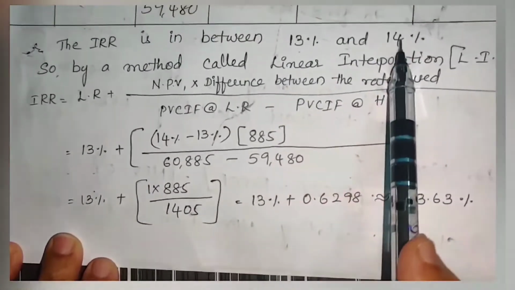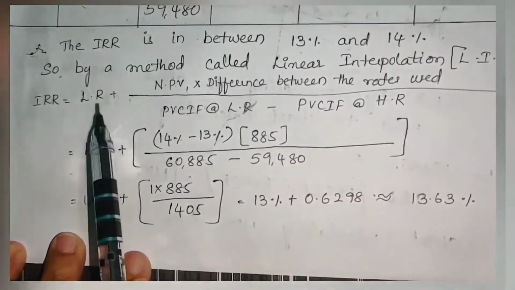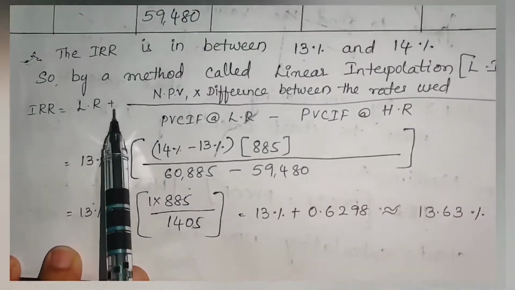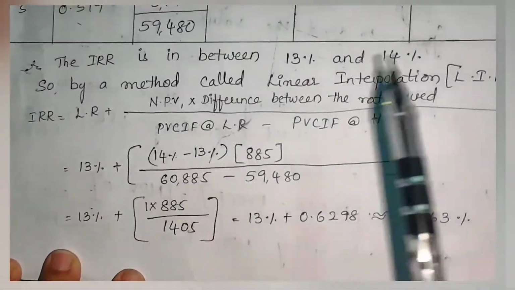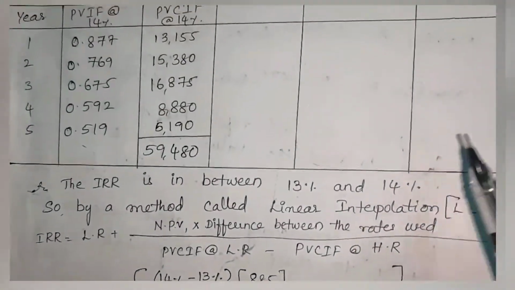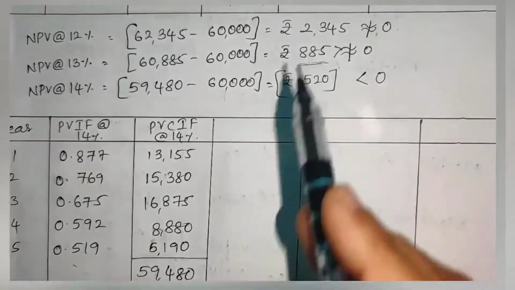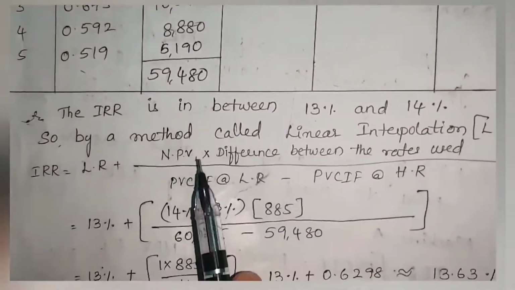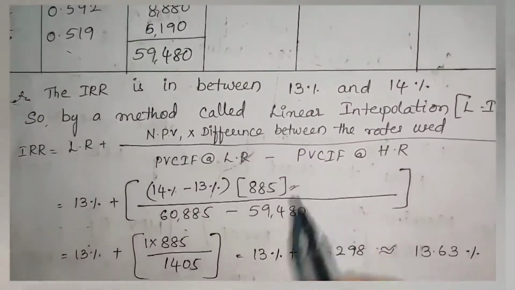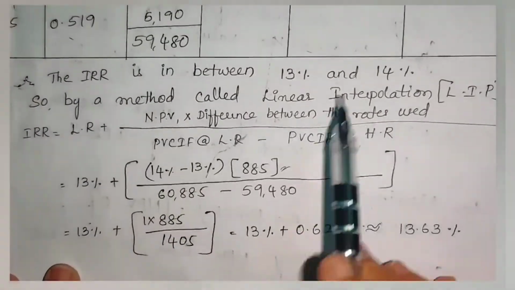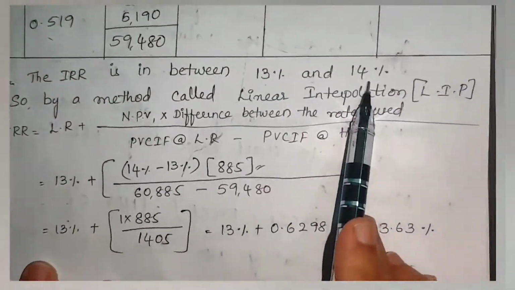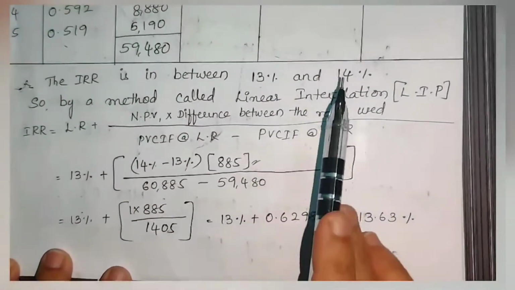In 13 and 14, what is the lowest one? We have to take that lowest rate, plus NPV at 13%. So NPV at 13% is 885 rupees.